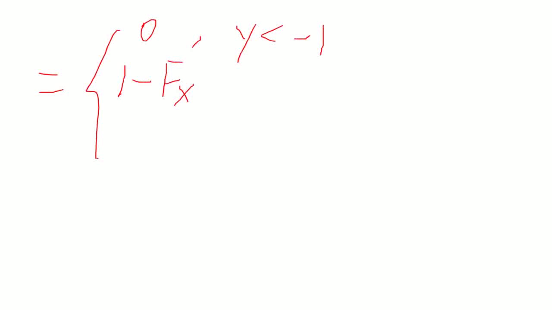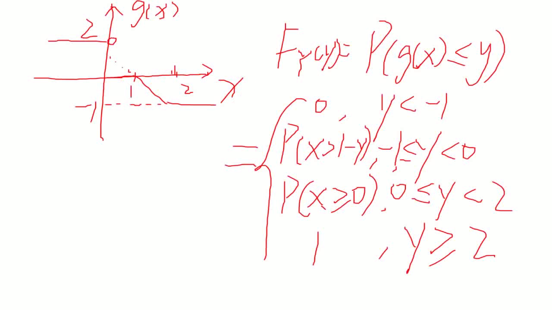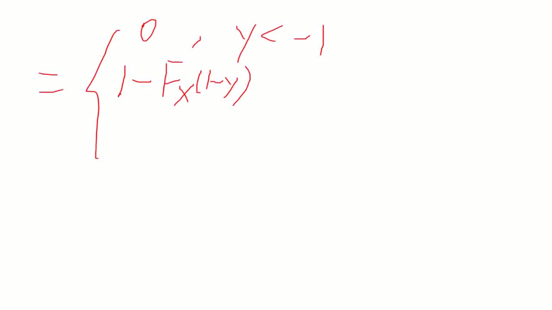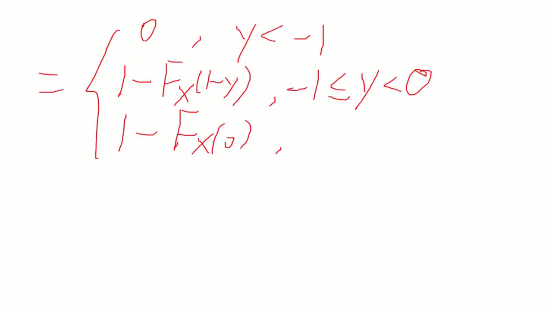So further, it equals 0 when y is less than minus 1, and equals 1 minus capital F of x at 1 minus y, which is the probability of x greater than 1 minus y, when y is between minus 1 and 0. It equals 1 minus capital F of 0 when y is between 0 and 2, and equals 1 when y is greater than 2.